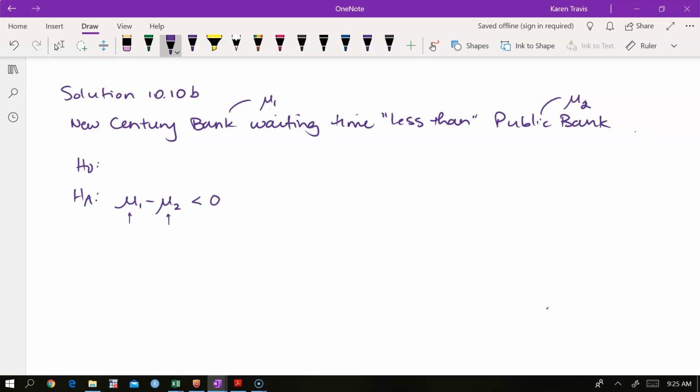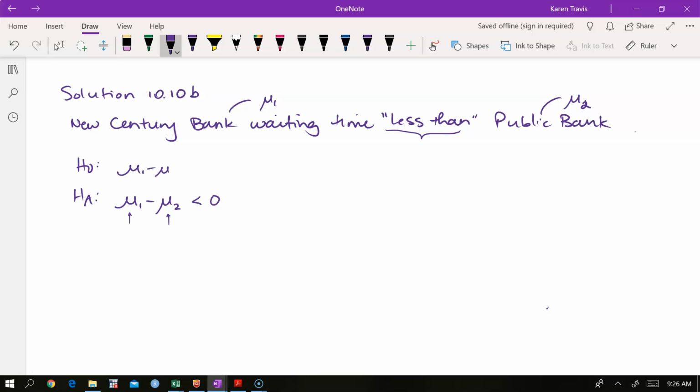So on two population problems, it doesn't just matter that it says less than, it also matters that you think through what happens when we subtract. Notice if we switch them, so the other bank was mu2 versus mu1, it would have changed our alternative hypothesis.